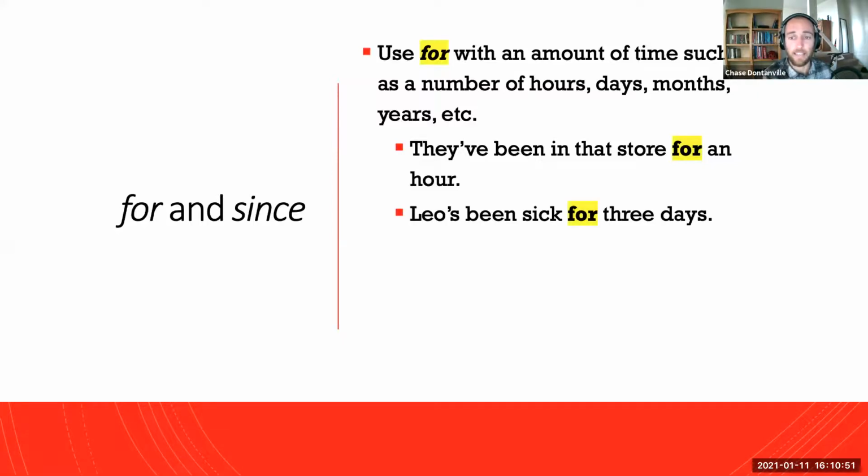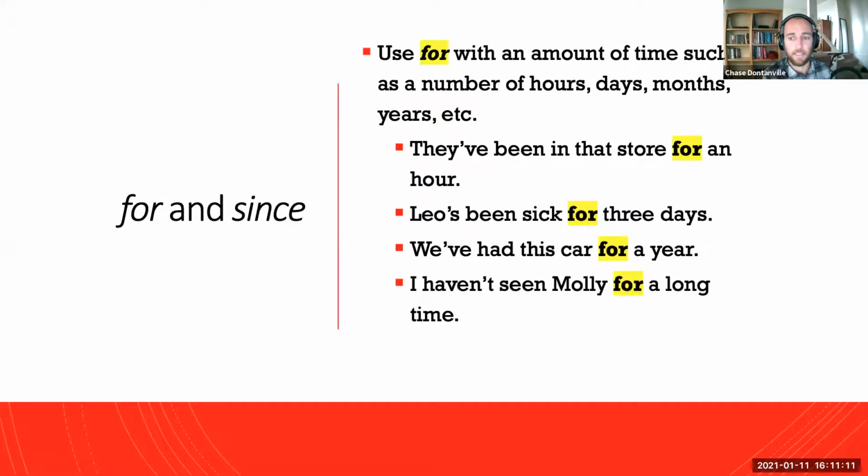So Leo has been, okay, that's the present perfect, for, and then amount of time, 3 days. We've had this car for a year. We've had, present perfect, for, plus an amount of time, a year. I haven't seen Molly for a long time. So I have not seen, present perfect, and then for plus the amount of time, in this case, a long time.